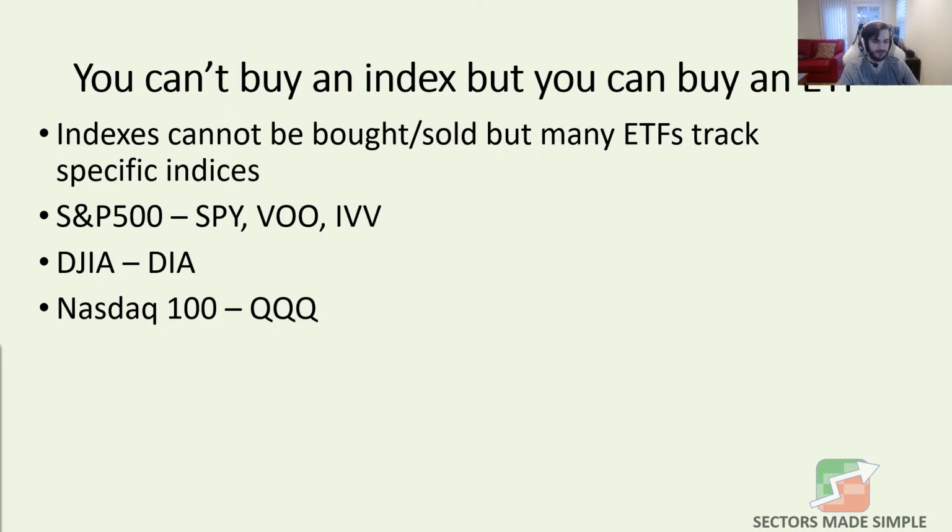For the Nasdaq, there's not many ETFs, if any major ETFs, that trade the Nasdaq Composite Index. Instead, they prefer to go for the Nasdaq 100, which is why I wanted to share that with you earlier. The Nasdaq 100 does have a very popular and common ETF that follows and tracks that index, QQQ.